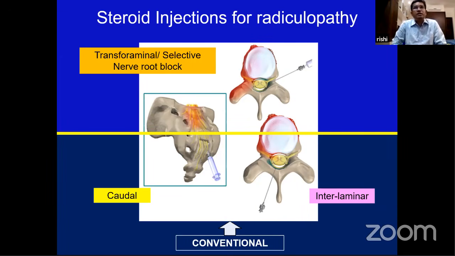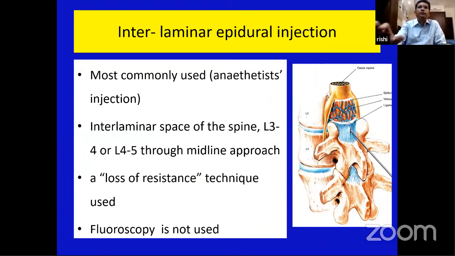So as discussed earlier, the transforaminal or the selective nerve root block is given in the foramen. There are two other ways where we can deliver steroid injection epidurally around the spine. So one is the caudal injection and another one is the interlaminar epidural. So the interlaminar epidural, just a brief word, is commonly considered the anesthetist's epidural injection.